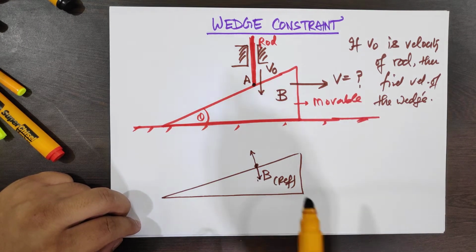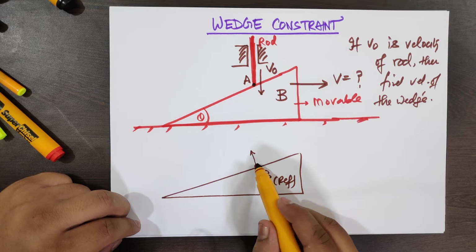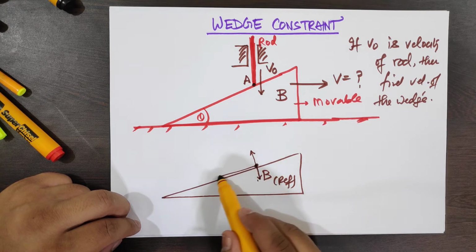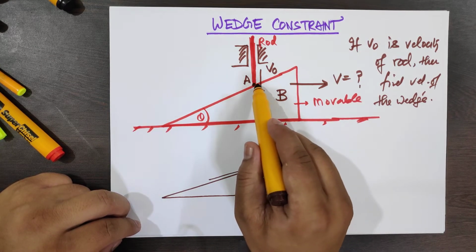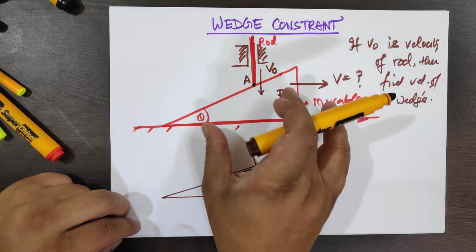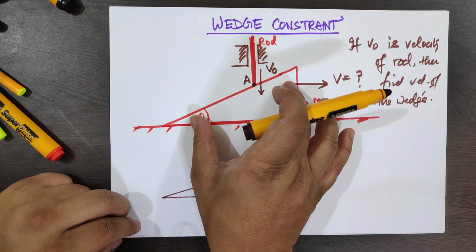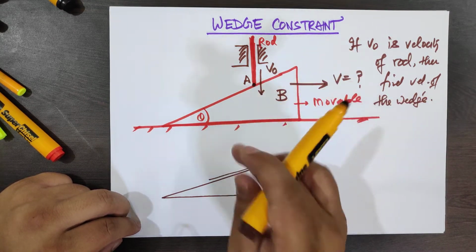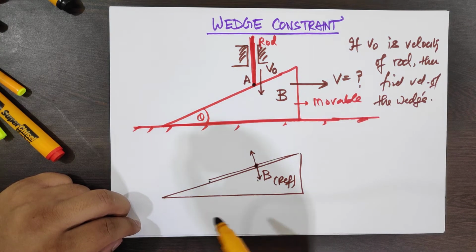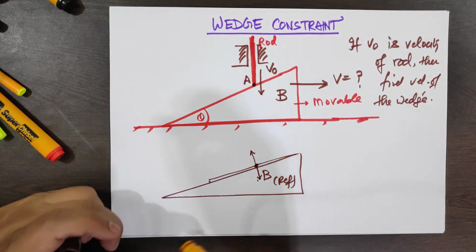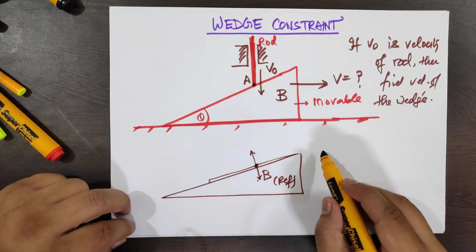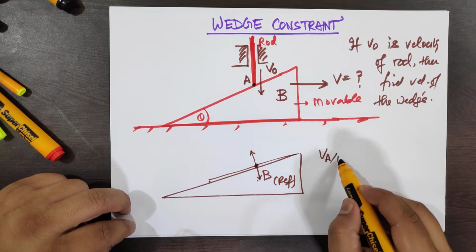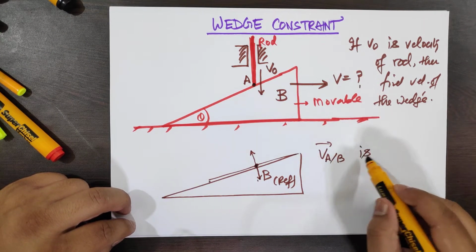So relative to the wedge, someone sitting on the wedge will see the point A going this way or that way. In this case it will go down, obviously, because if the wedge shifts towards the right, then it goes down, touches this point.